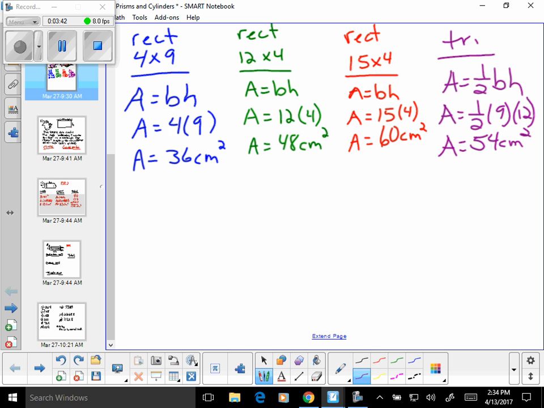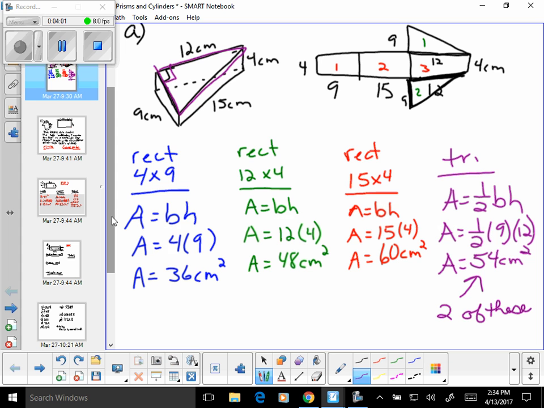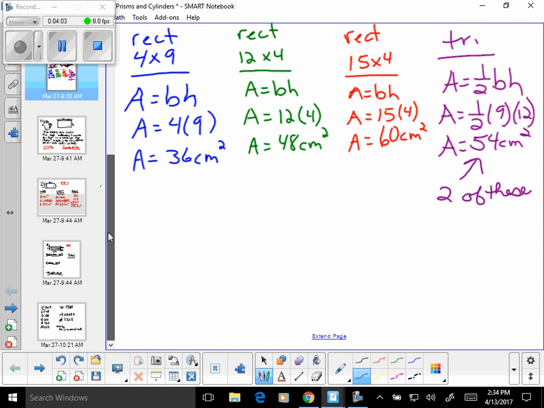Now at this point, I'm not done yet. Now I have to add all of those up. Now remember, you're going to need 2 of these because you have 2 bases. You have one up here on the top, and then you're going to have one on the bottom.